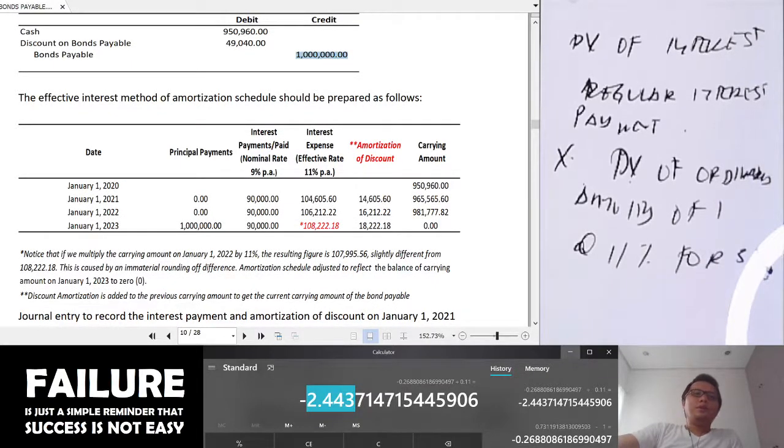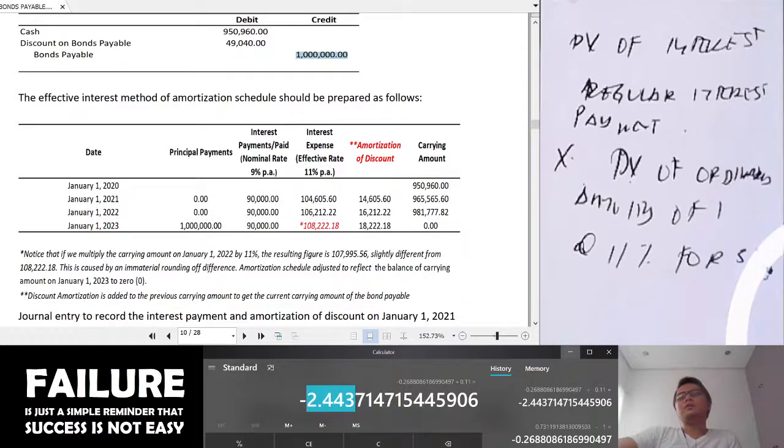You have your column for dates, you have your column for principal payment, you have your interest paid, interest expense, and your amortization of discount, and your carrying amount.